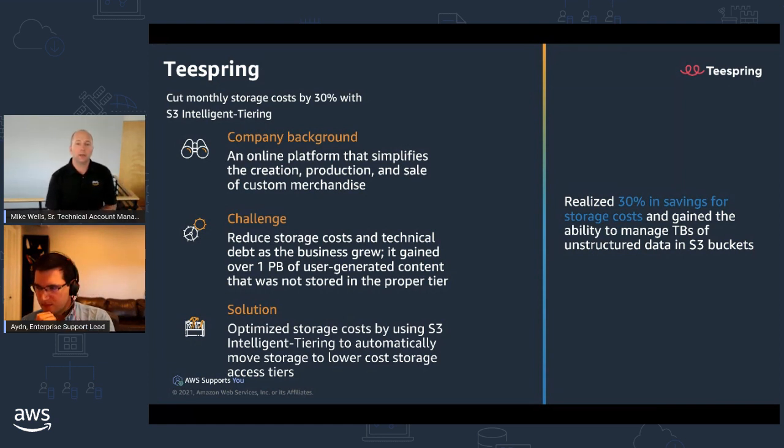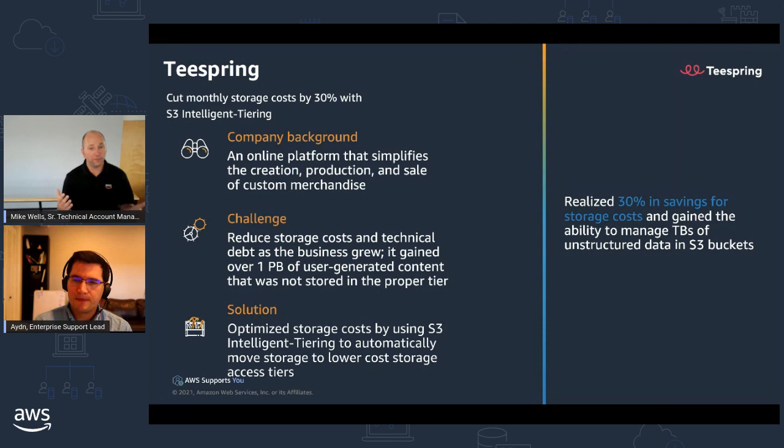The company created a number of rules based on their creator and buyer behavior to define the appropriate storage class for objects. For example, if a product wasn't available for purchase for years, they moved that asset to a lower cost storage class. The company then pulled information from its Amazon Redshift data warehouse to generate S3 Batch Operations manifest files, which specified exactly which objects could be moved to Amazon S3 Glacier with no impact to the business.